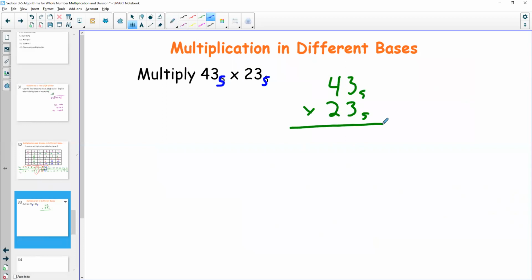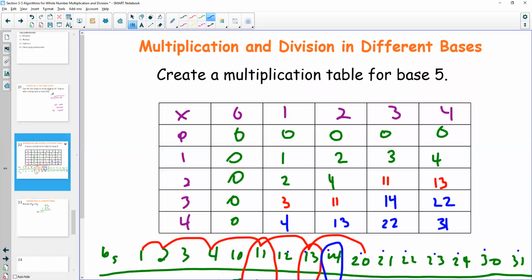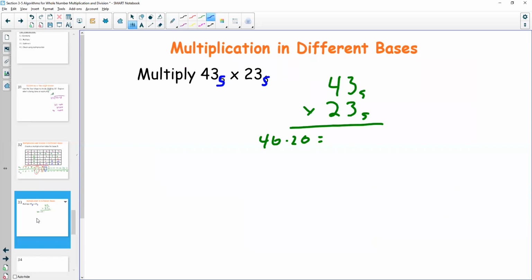I have 40 times 20. I'm going to use partial products. Well, 4 times 2 was worth 13. Well, that's going to be 13 with 2 zeros, right? So 1, 3, 0, 0.